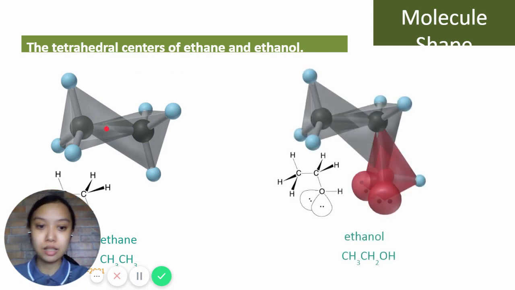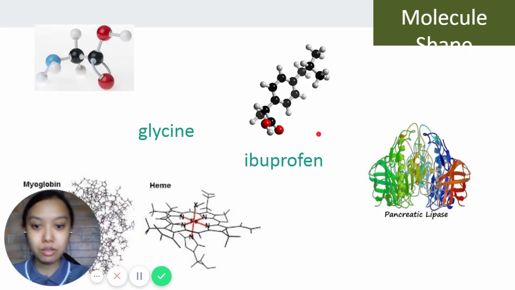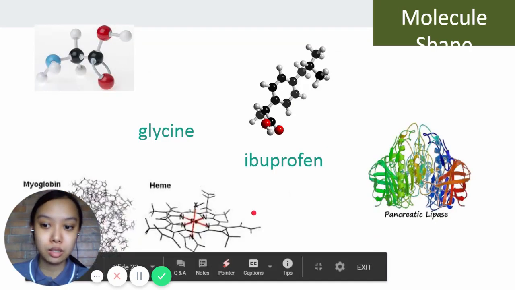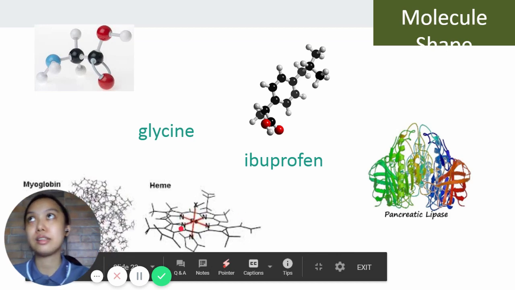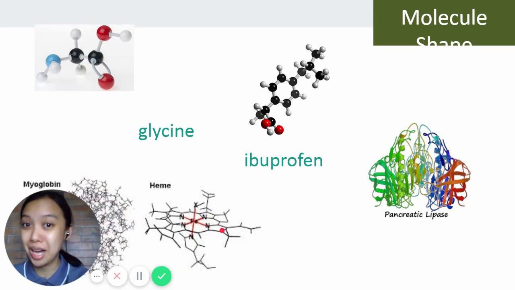Just take note that as the molecules get more complicated, of course the structures are expected to be bigger and more complicated. However, for larger structures like proteins and carbohydrates, generally macromolecules, VSEPR theory is more difficult to apply because they are so big.